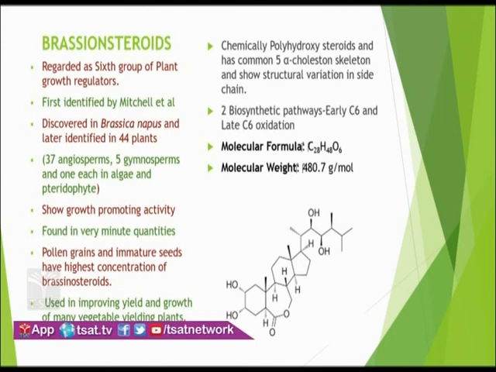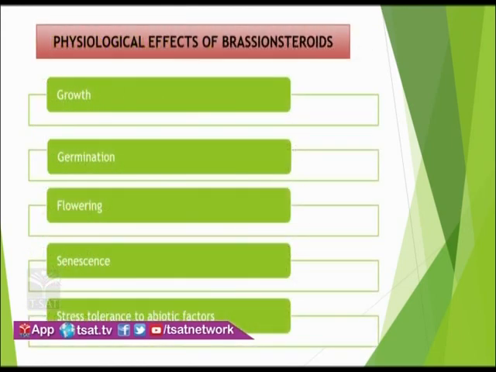Okay, and the biosynthetic pathway through which these are produced is the early C6 and late C6 oxidation process. So, along with other metabolic pathways, it gives rise to various other intermediates along with the brassinosteroids. Now, look into the physiological aspects of the brassinosteroids.